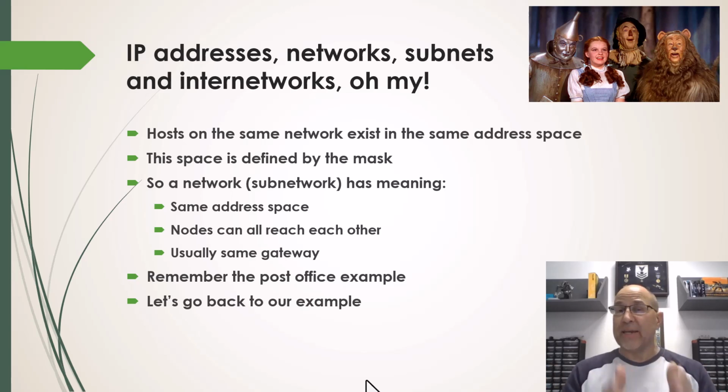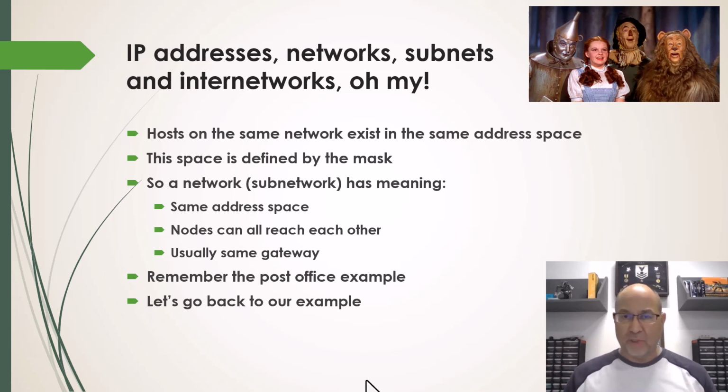So nodes inside a network or inside a subnetwork have meaning together. They share that same address space. They can all reach each other with frames. When they process their host routing table, they find out that they're on the same network. And they usually all use the same default gateway when they need to go off of the network.